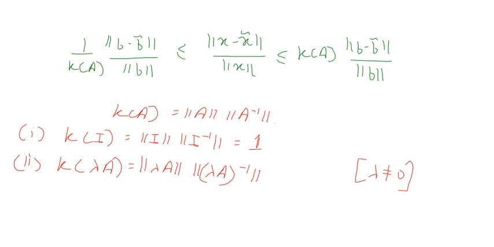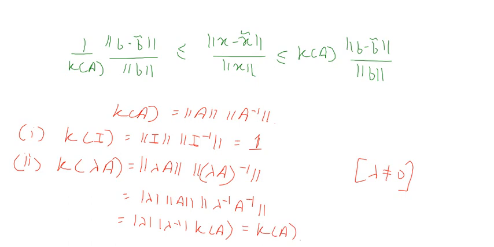So that is equal to mod lambda norm A times norm of lambda A whole inverse, which is lambda inverse times A inverse. Now apply the norm homogeneity property, that is mod lambda times mod lambda inverse times K of A. So mod lambda times mod lambda inverse is 1. So that is equal to K of A. So nothing changes. A scalar multiple of a matrix will not change the condition number.